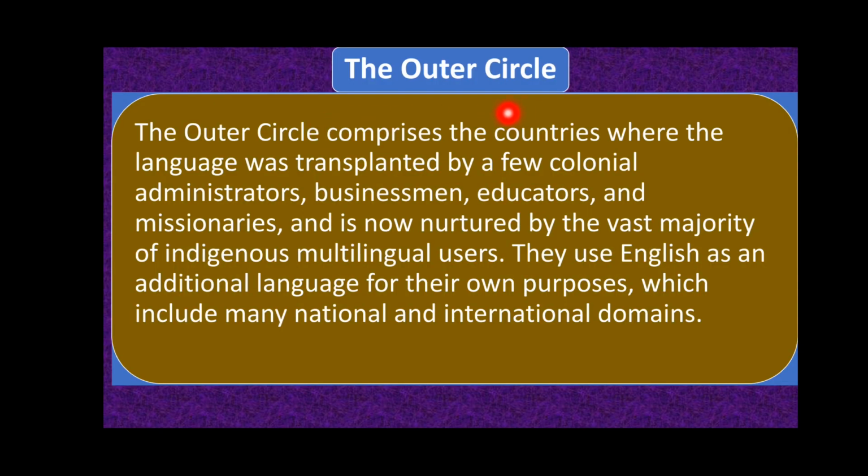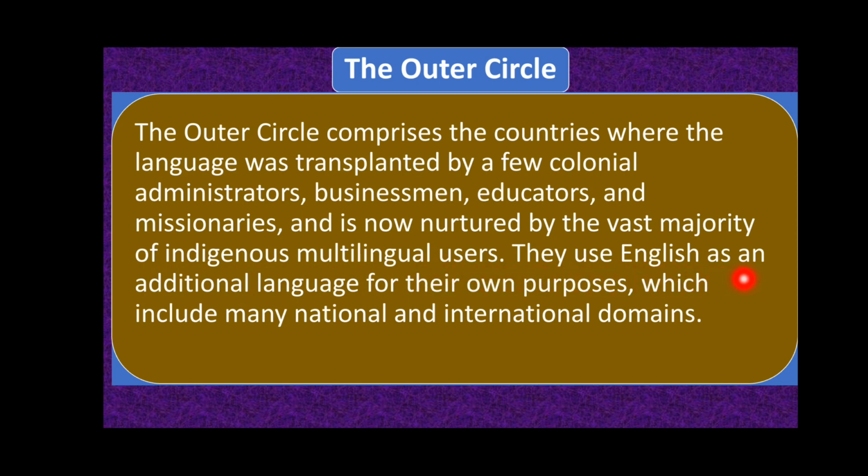The second is the outer circle, according to Kachru. The outer circle comprises the countries where the language was transplanted by a few colonial administrators, businessmen, educators and machinery, and is now nurtured by the vast majority of indigenous multilingual users.